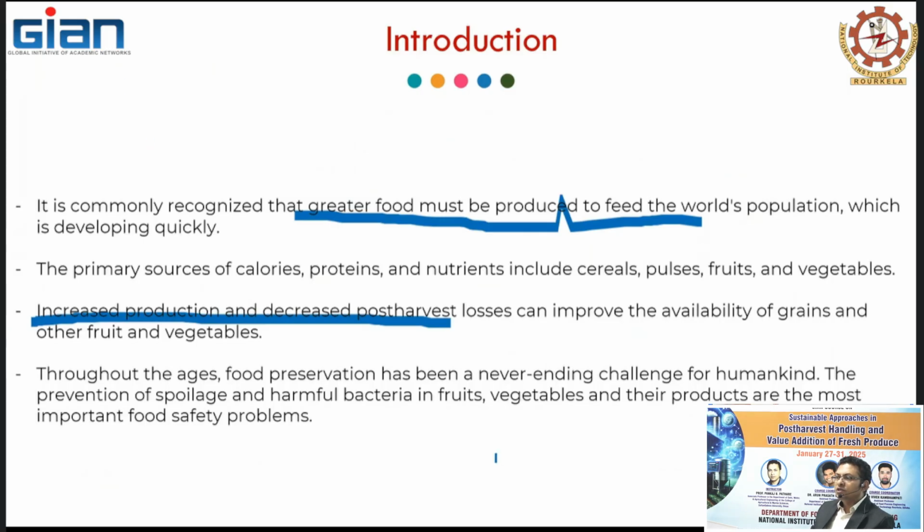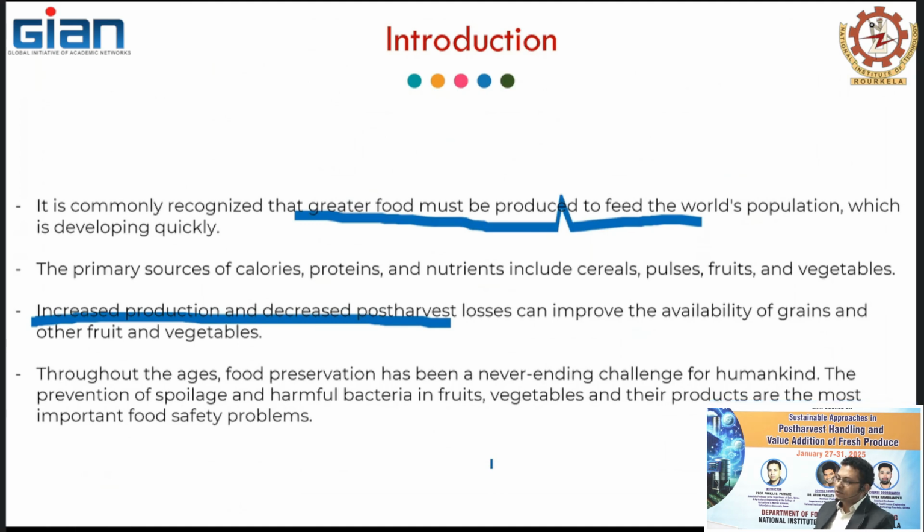When we look at the preservation side, preservation is not a new thing. Even our forefathers knew these operations. If you ask our grandfathers, they have techniques: drying, pickling, and other operations, storing at low temperature.